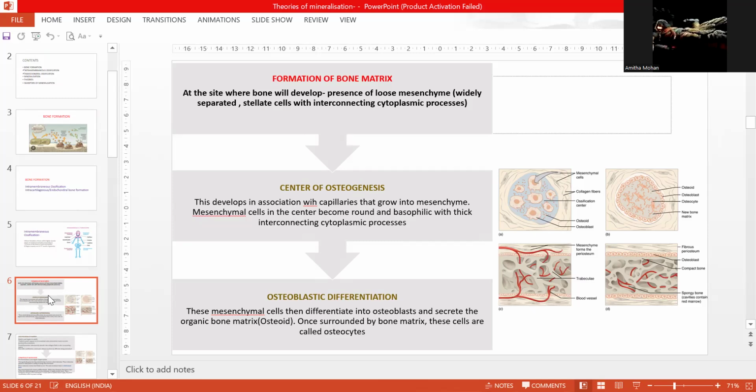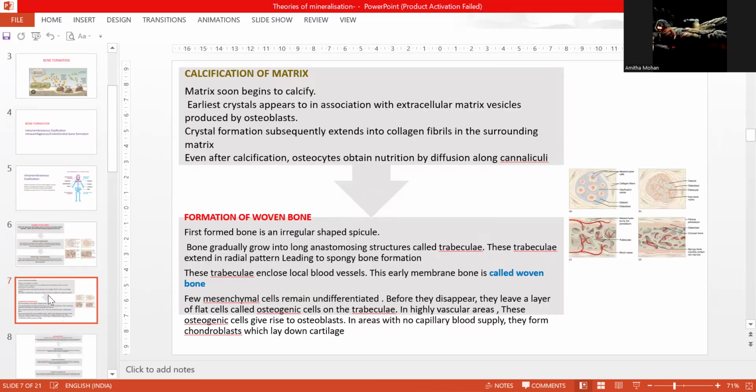Mesenchymal cells in the center thus become round and basophilic with thick interconnecting cytoplasmic processes. These mesenchymal cells then differentiate into osteoblasts and they secrete the organic bone matrix, or the osteoid. Once surrounded by the bone matrix, these cells are called osteocytes.